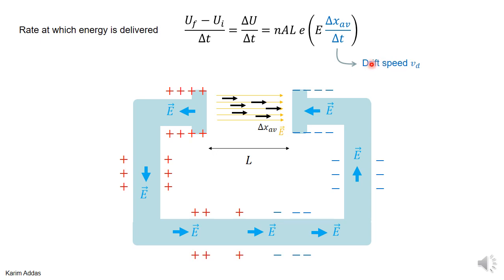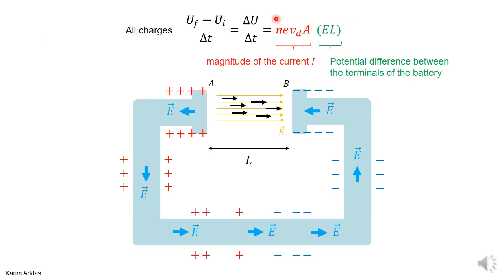On average, we can say that the charges move with some kind of average speed, delta x average by delta t. So we can replace delta x average by delta t by the drift speed. And then we get this equation. I arranged things in a certain way. It's exactly the same as before, but I arranged it so that you can see how familiar the terms are.